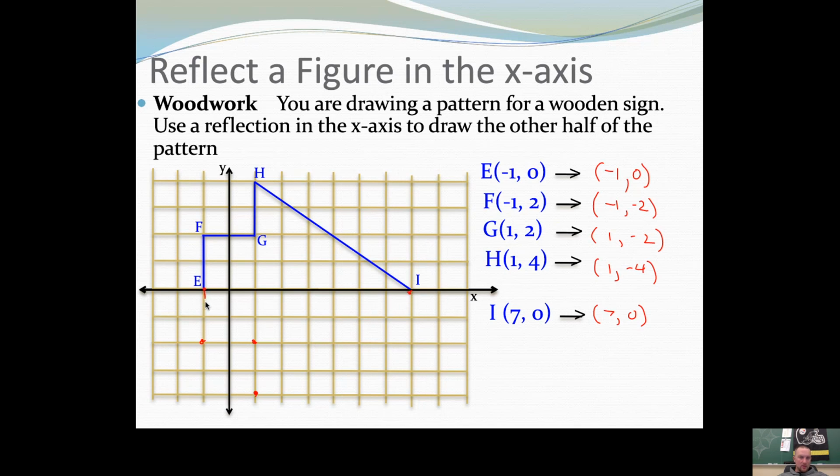Now again, I think you could have done this freehand without finding those coordinates. But this is a nice, easy, simple one to start with, just so you can see that you're keeping the x's but changing the y's, taking the opposite of the y values. That's how you reflect over the x-axis. Now, if we were to reflect over the y-axis, then you would keep these and switch those.